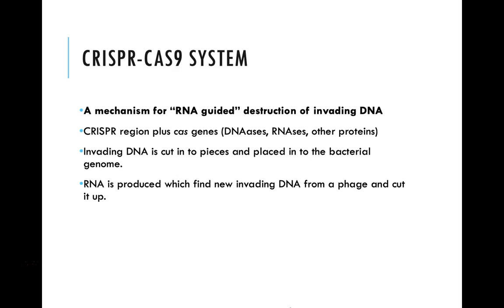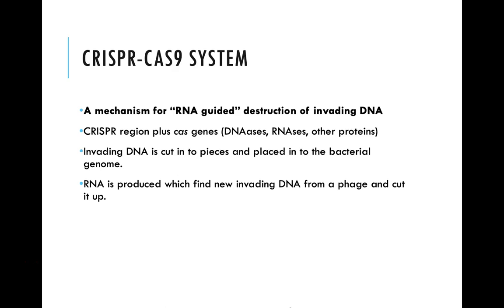So the CRISPR-Cas9 system was discovered, and it's been more recently used to introduce mutations or correct mutations in bacterial cells. Now, the reason that it can do this is it has a short segment of RNA that recognizes the sequences that had been put into the bacterial genome.